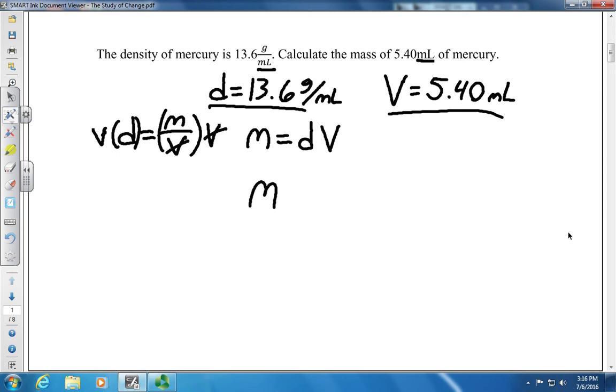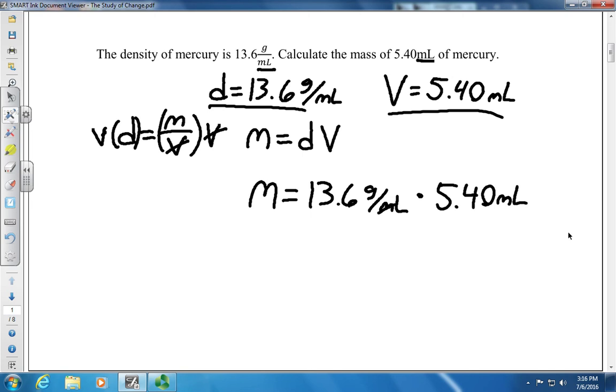We're going to do mass is equal to 13.6 grams per milliliter times 5.40 milliliters.